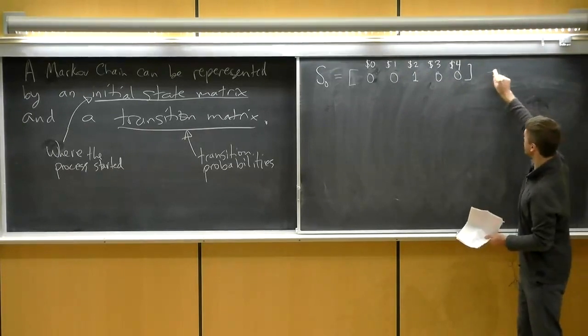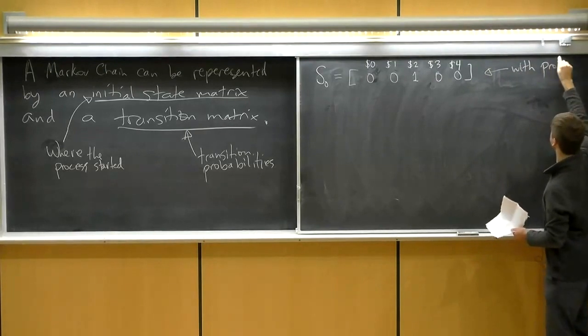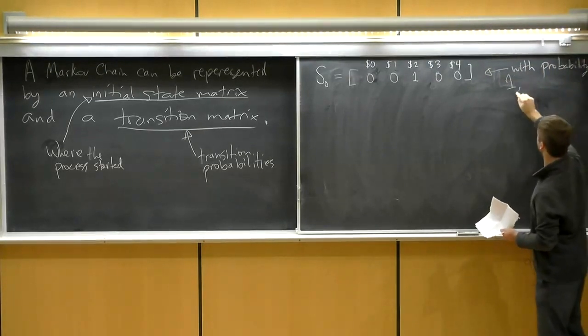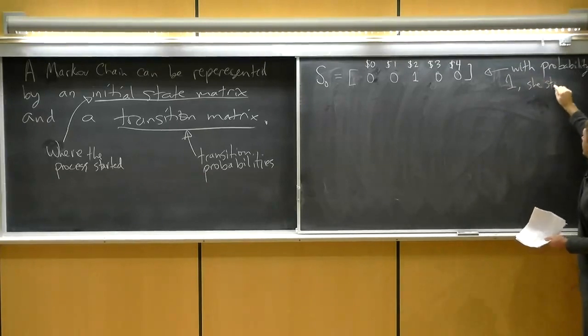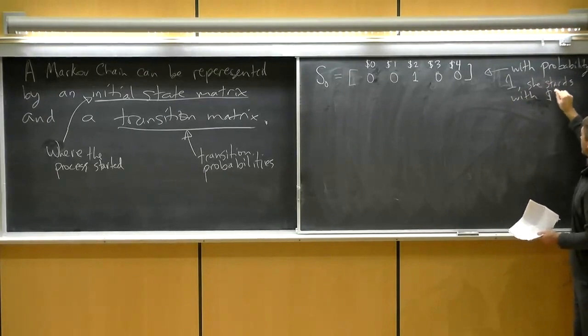So this means with probability 1, she starts with $2.